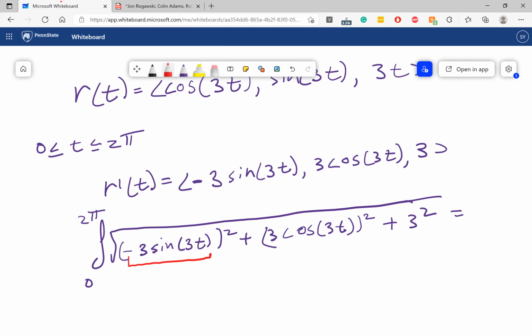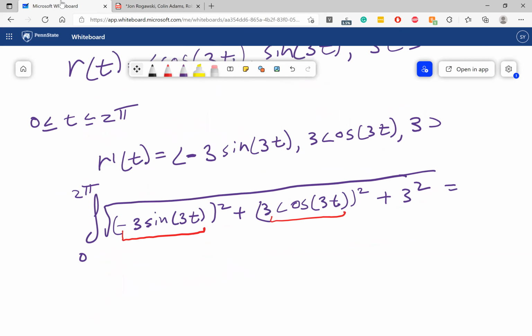And now this is going to be equal to, so again, something that appears quite often in multivariable calculus is these squares over here. So this whole thing is going to be equal to the integral from 0 to 2 pi of the square root. And we can take out these 3's and square them. So we get 9 times sine of 3t squared plus cosine of 3t squared, which is 1. So times 1 plus 9.